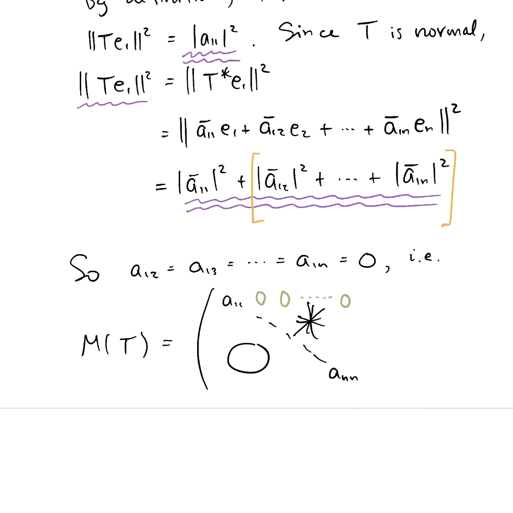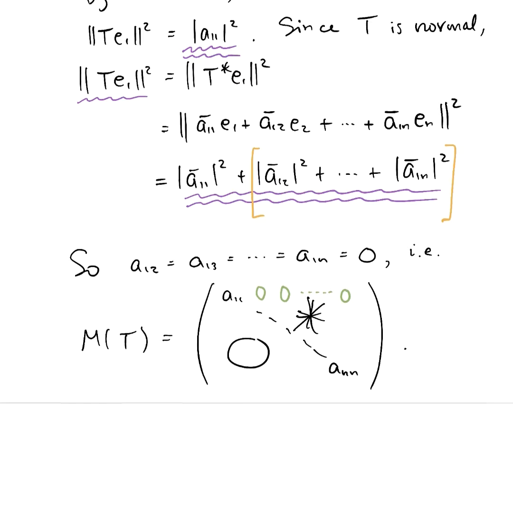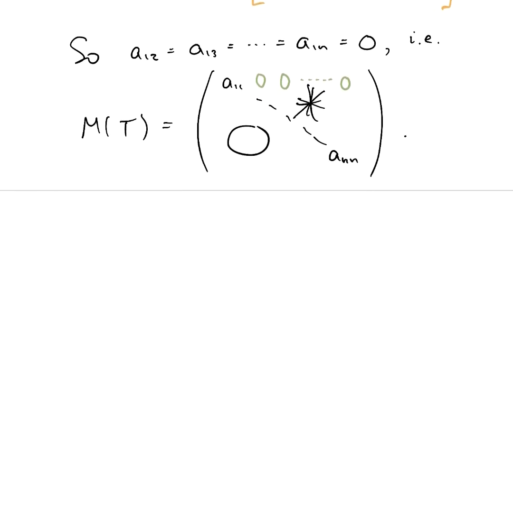Okay, sweet. So we're part of the way there. Our aim was to show all of asterisk was zeros, and we just showed the top row of asterisk was zeros. Awesome. Okay, well, the rest of this is just to do the same thing. Now that we know the top row of asterisk is zeros, can we focus on what T does to E2?